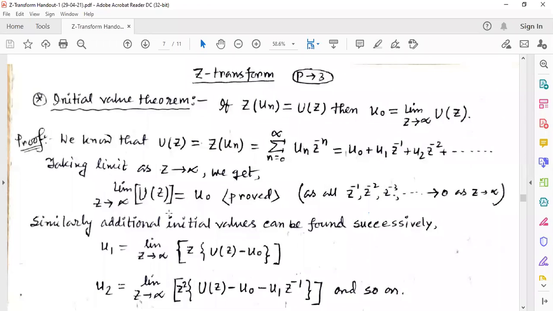Z to the power minus 2 means 1 by z square; putting z equal to infinity, it is also 1 by infinity, that is also 0. So every negative power of z tends to 0 as z tends to infinity. So the only remaining part is u0. So we can say that u0 equals limit z tends to infinity capital U(z), right? And this theorem is known as the initial value theorem. It is very important for our Z transformation.